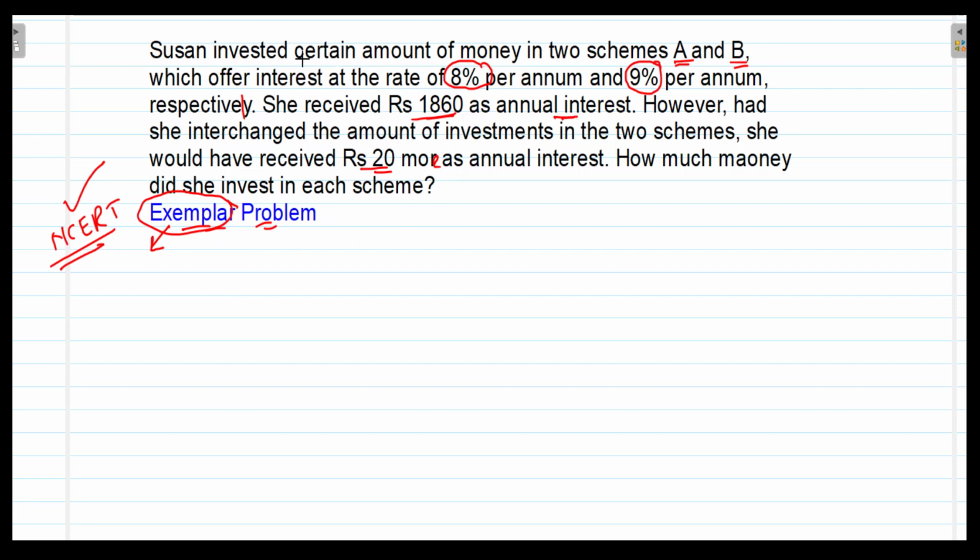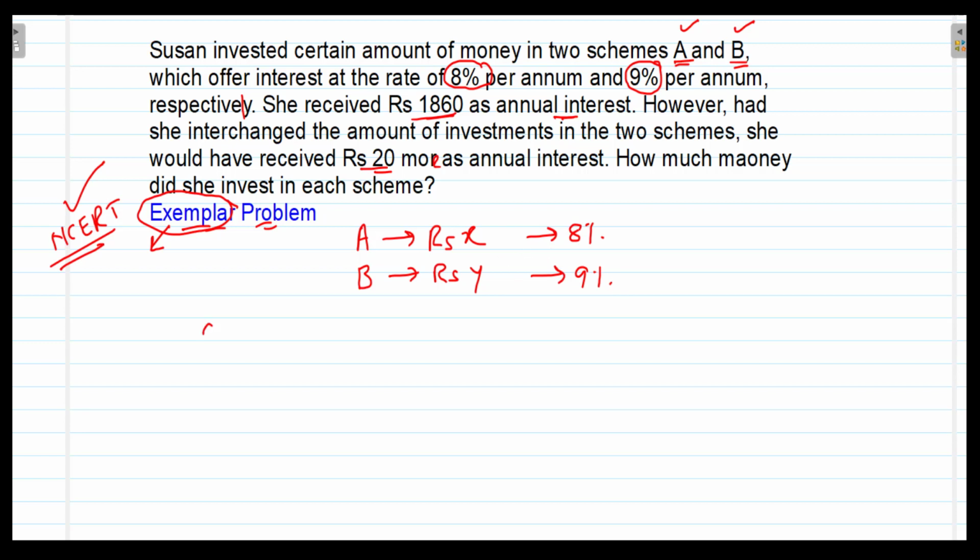Here it is said that Susan invested money in two schemes, scheme A and scheme B. First we will assume that the amount invested in scheme A is rupees X, and in scheme B she invests rupees Y. In scheme A she invests at the rate of 8%, and in scheme B at the rate of 9% per annum.